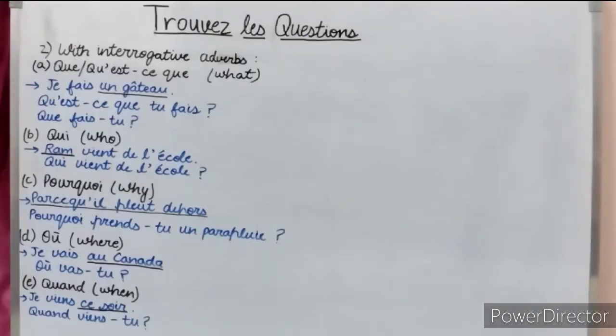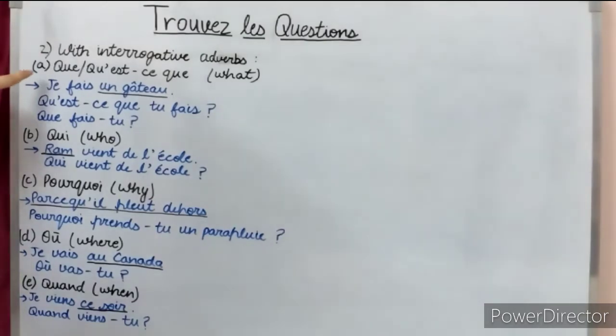Let's see the second part of ready-made questions, which is questions with interrogative adverbs. First is the question que or qu'est-ce que, which means what. Je fais un gâteau. I make a cake. Qu'est-ce que tu fais? What do you make? Or you can say que fais-tu?